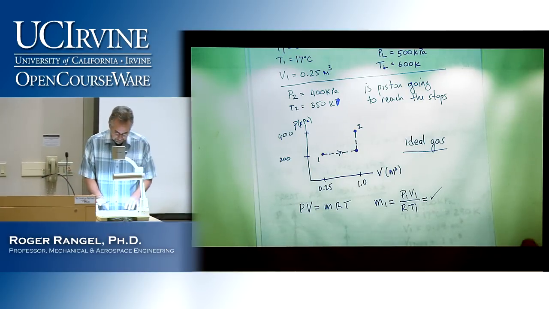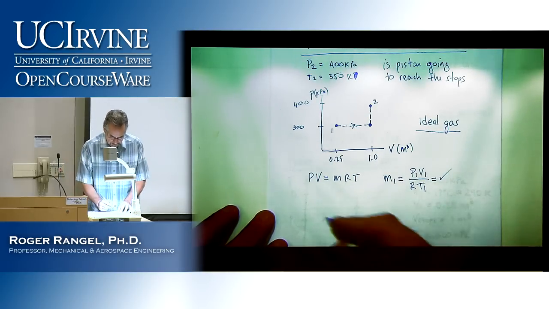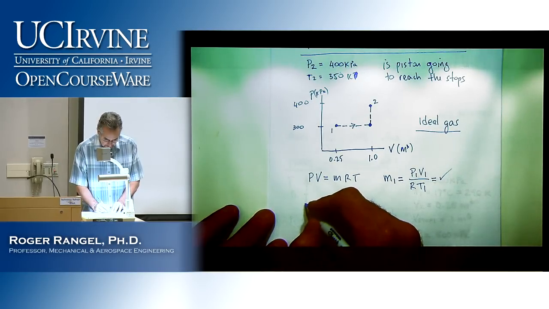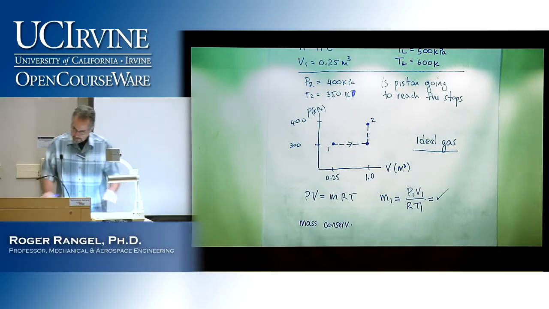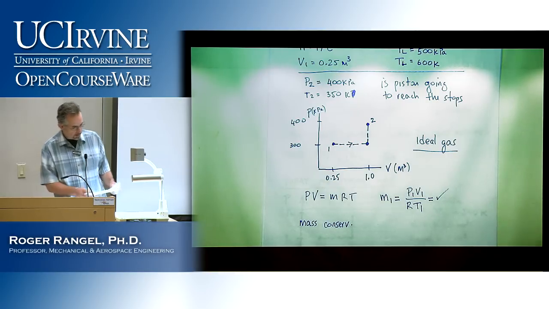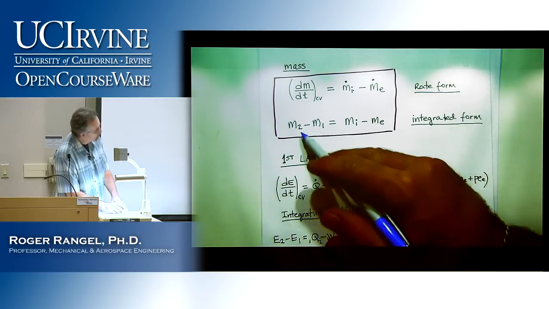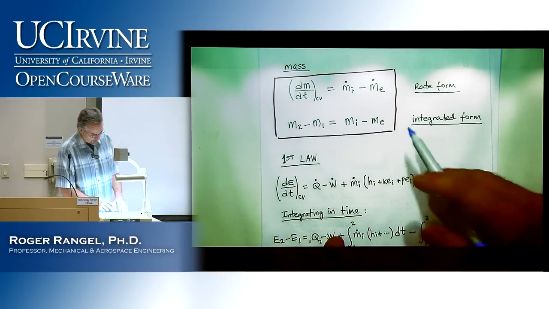Okay, so now let's write the mass conservation equation. We have the form that we just saw: M2 minus M1 equals Mi minus Me.